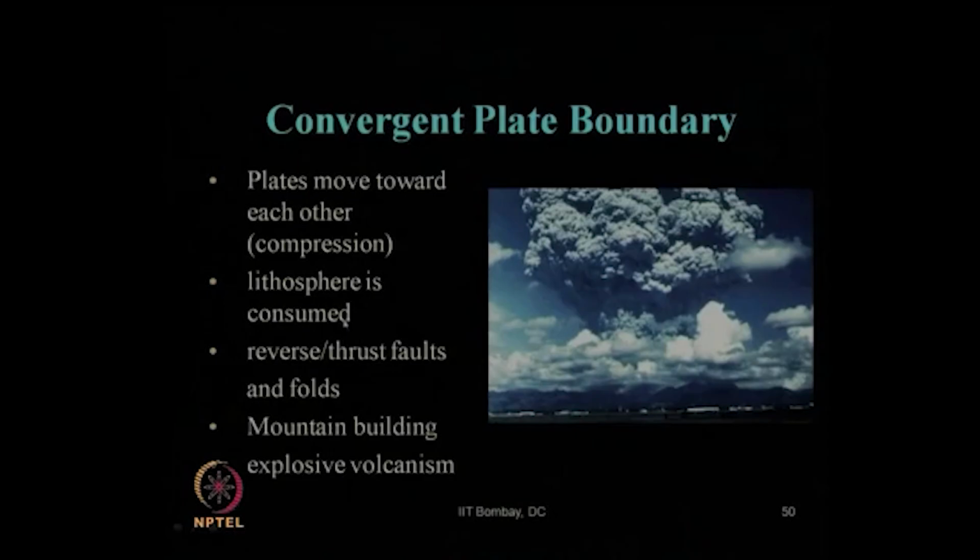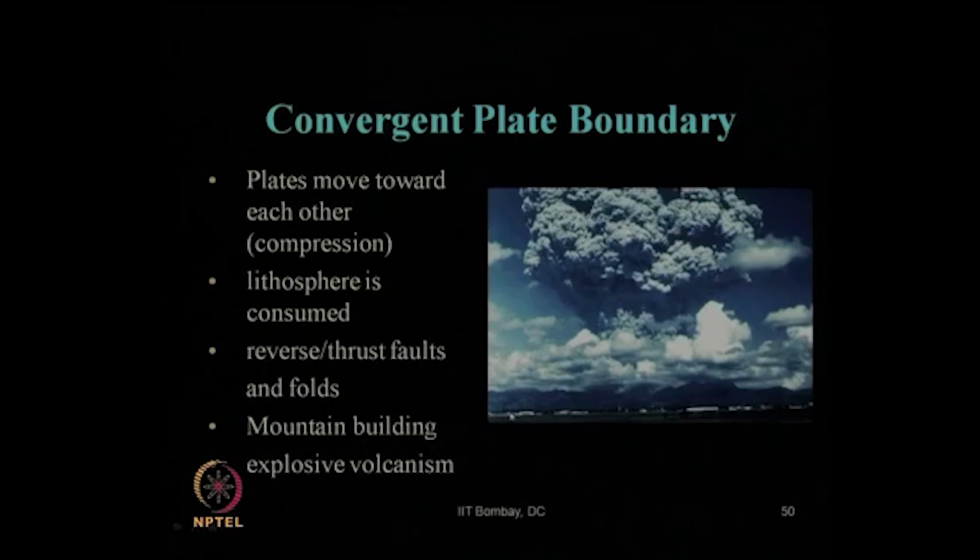And in this case, the faults which are created are known as reverse fault or thrust fault, and folds. So, this reverse fault is nothing but subjected to compressional load and created in the process of convergent plate boundary. And in the process of convergent plate boundary, what happens?